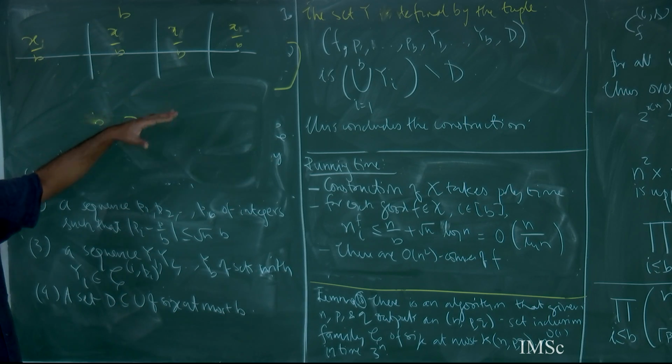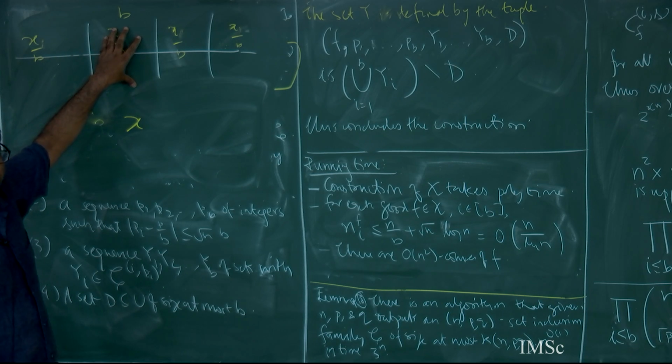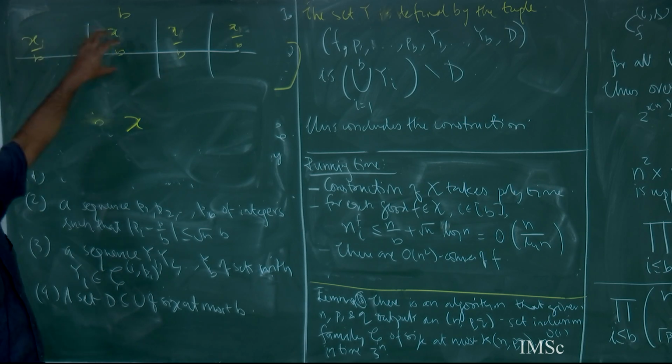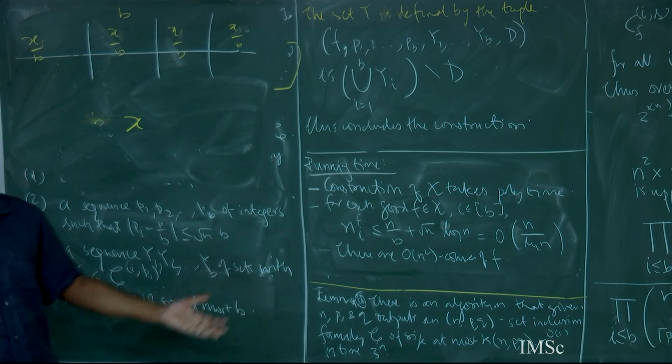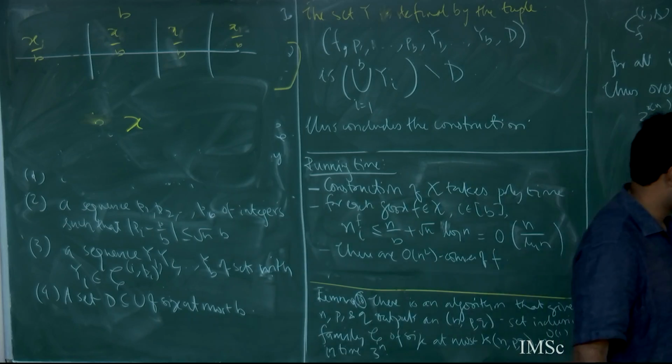Everything which you can create is a set of size x, but I can create many other sets of size x which are not of this form. For example, I can take one element from here and a huge number of elements from there. Those sets are not considered here. This only considers those sets which pick a certain amount of objects from each part, and that's it. This is exactly what has happened from here to here.